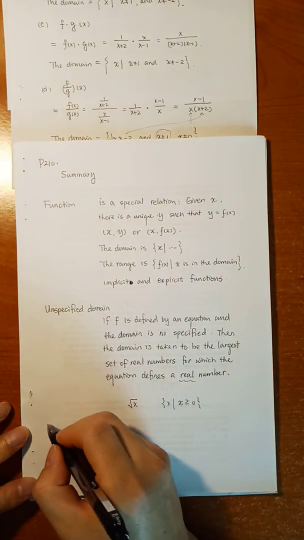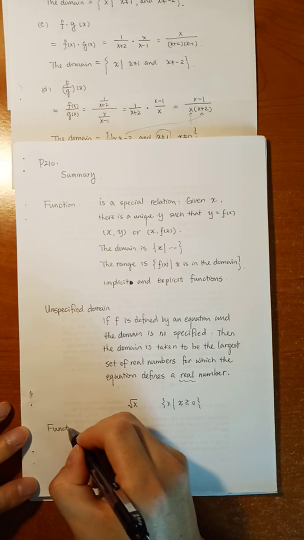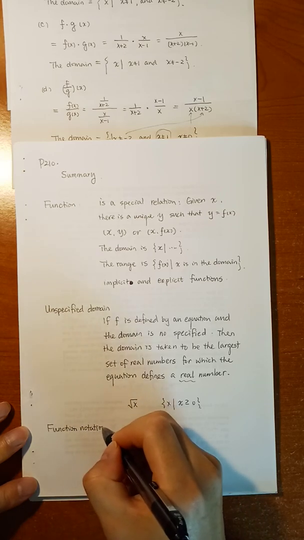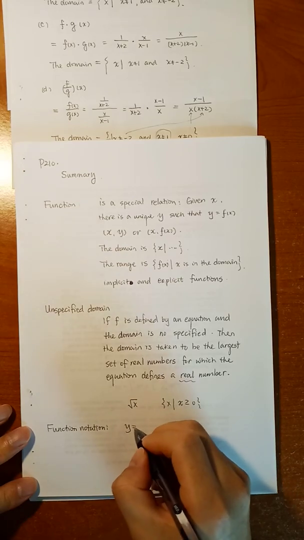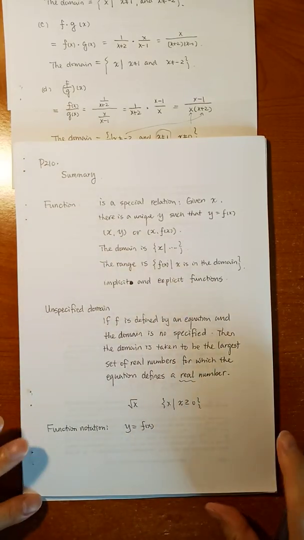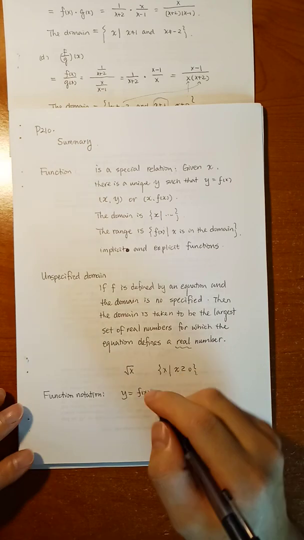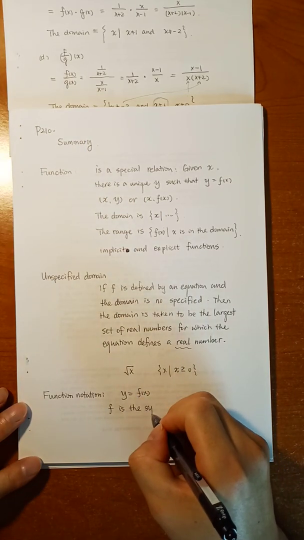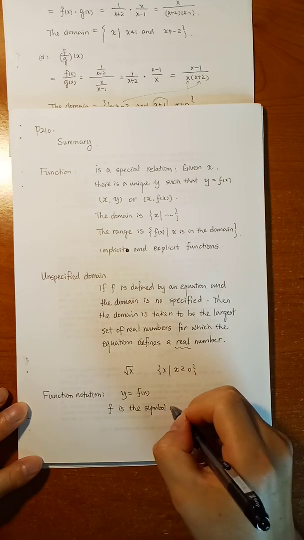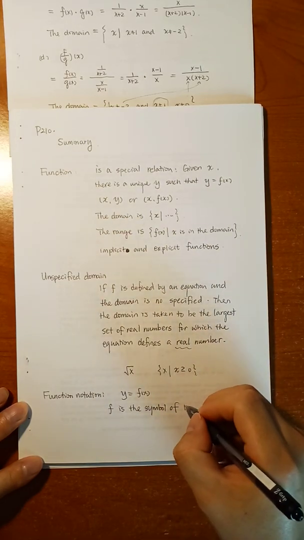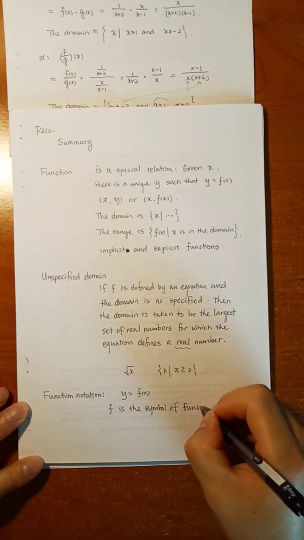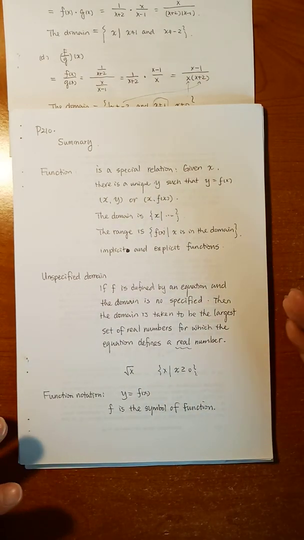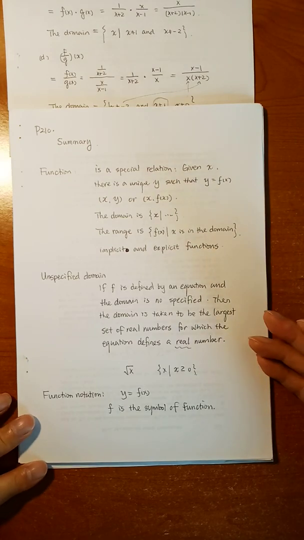Okay? Function notation. Function notation means this one: y is equal to f(x). f is the symbol of the function. It's kind of like the name of the function, or the name of the law.